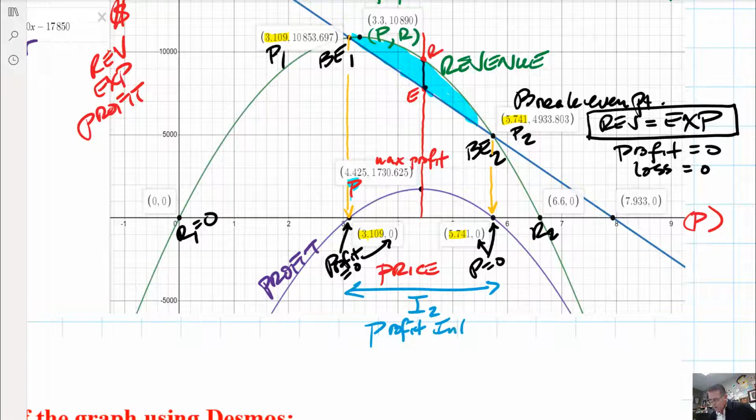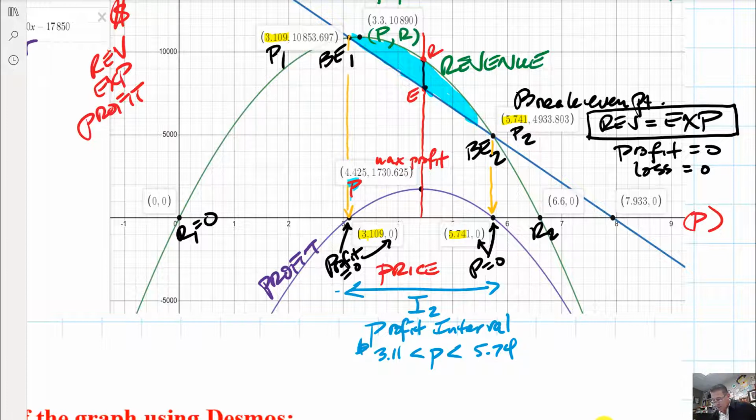The way you represent that is by taking your break-even price, $3.11, and saying that if that's less than the price, which is less than the other break-even price, $5.74, the company profits. So if the price is between those two numbers, the company profits.